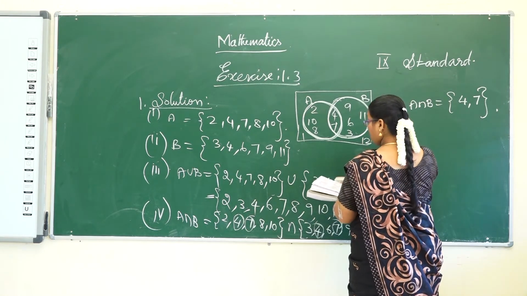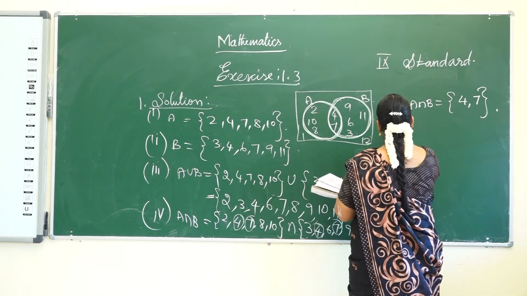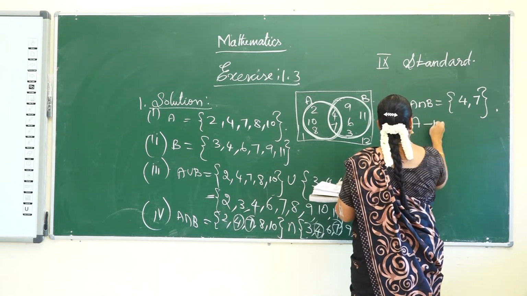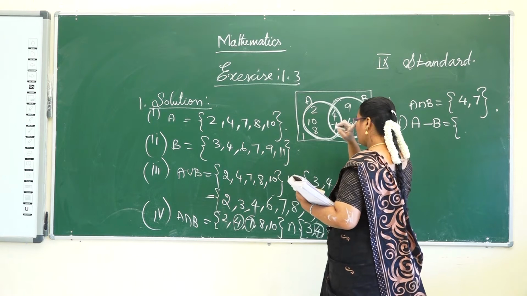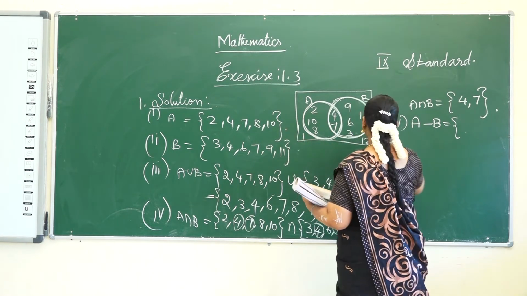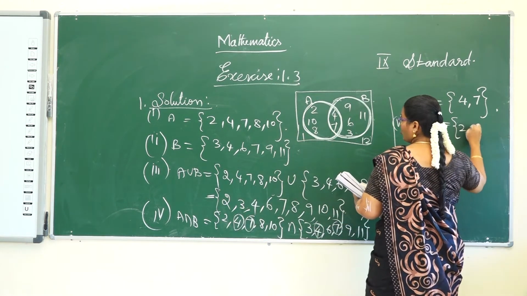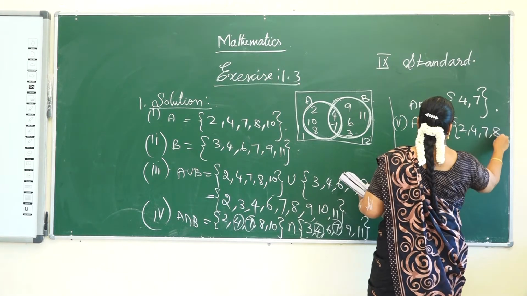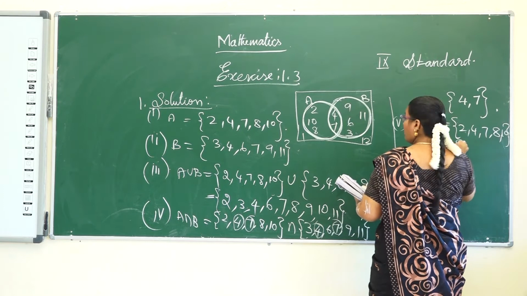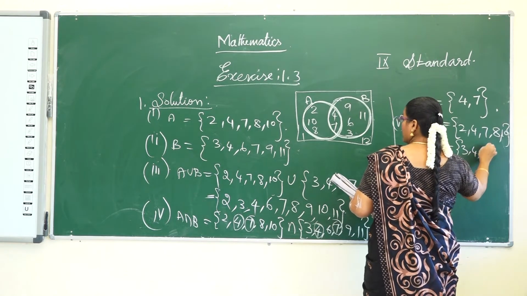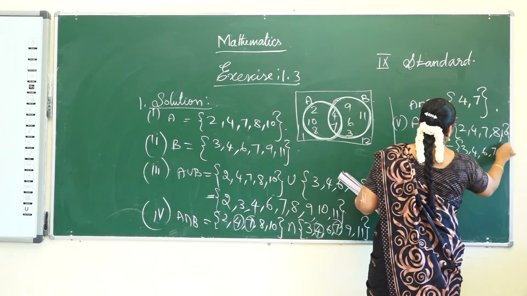And next, the fifth one, A difference B. A difference B means the set of all the elements only in set A. So A has elements 2, 4, 7, 8, 10. Set difference B is 3, 4, 6, 7, 9, 11.